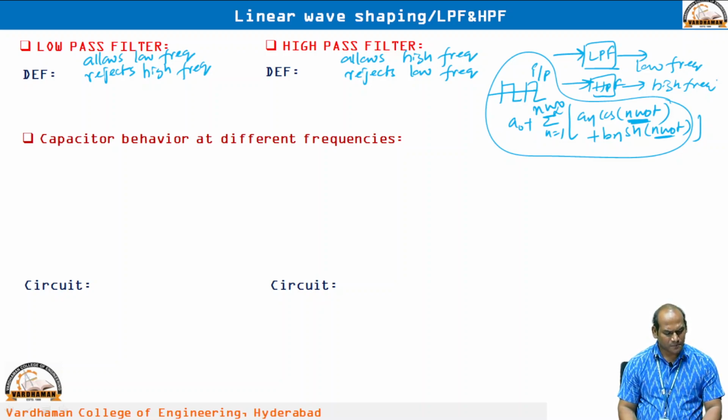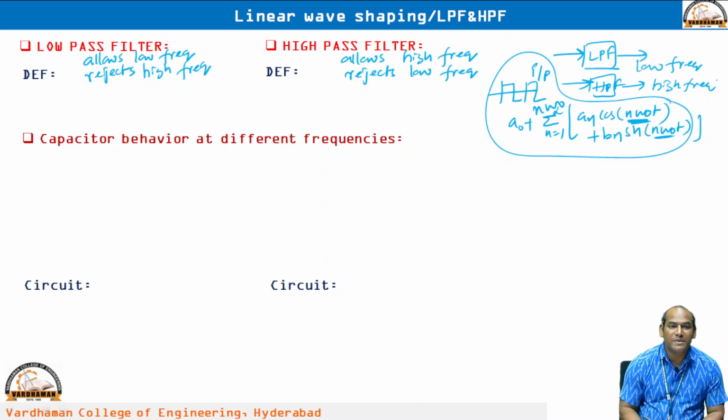Before giving the exact circuit of the low pass filter and high pass filter, I am going to analyze the capacitor behavior at different frequencies. As I said just now, we are going to work with frequencies. So, how the capacitor is acting at different frequencies, we should understand.